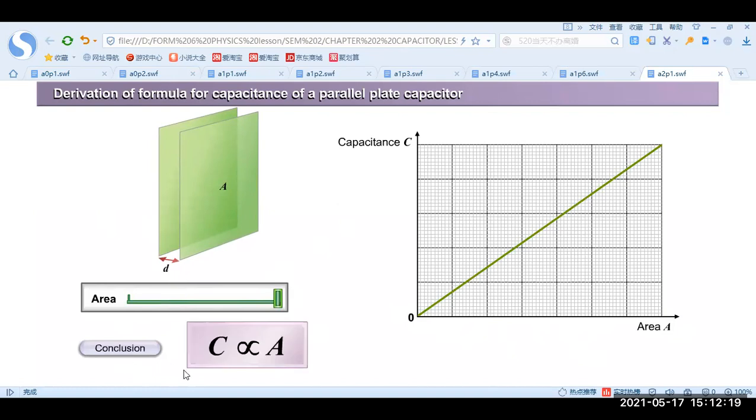So the capacitance is directly proportional to the cross-sectional area of the plate. Again, the capacitance is directly proportional to the cross-sectional area of the plate. The greater the A, the greater the C. As a conclusion, once the C increases, the amount of charge that can be stored on the plate also increases.